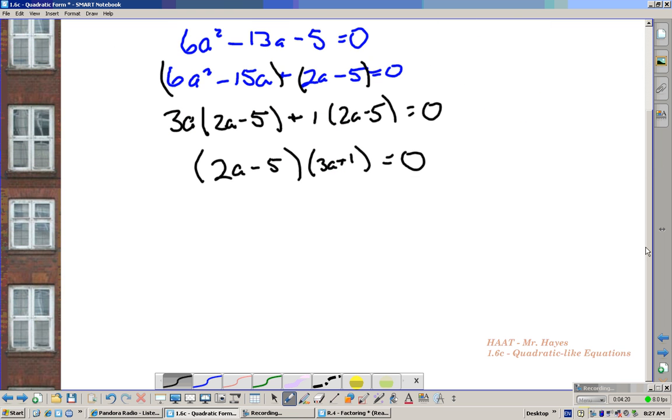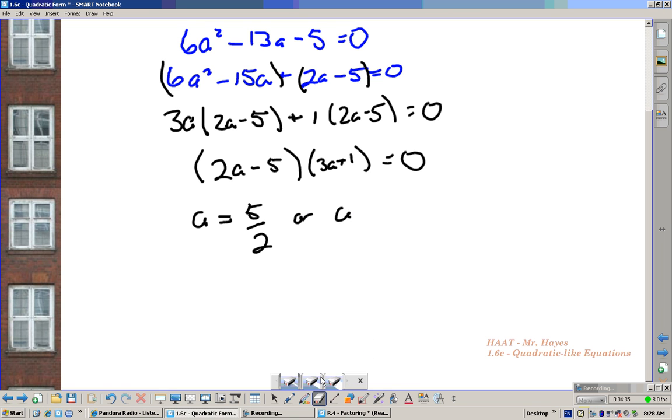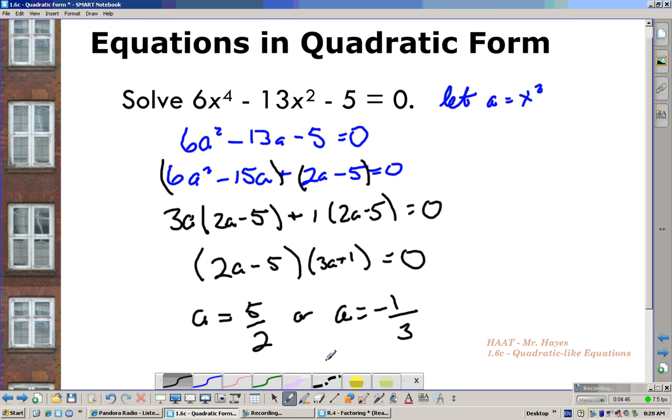Give myself a little bit more room here. So from here, zero factor theorem, a is either going to equal 5 halves, or on the other side, a equals negative 1/3.